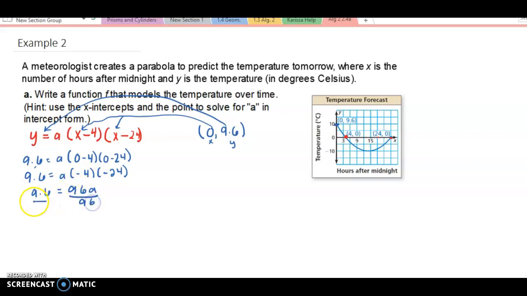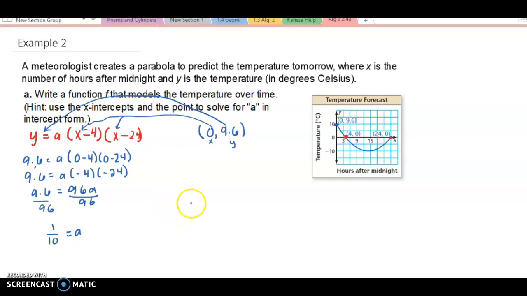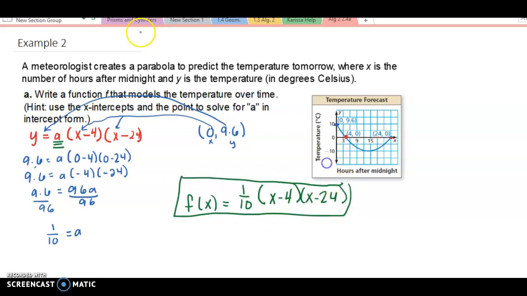Divide by 96, and I get 1/10 equals a. After I get the 1/10, I can plug it in right here. So my final function would be f of x equals 1/10 (x minus 4)(x minus 24). That is my final answer.